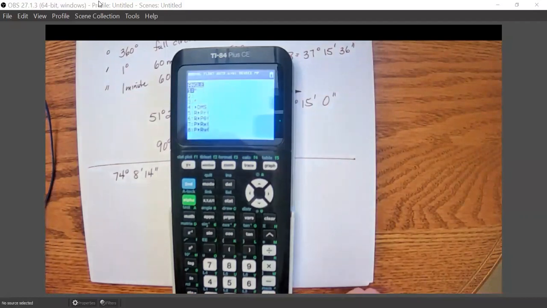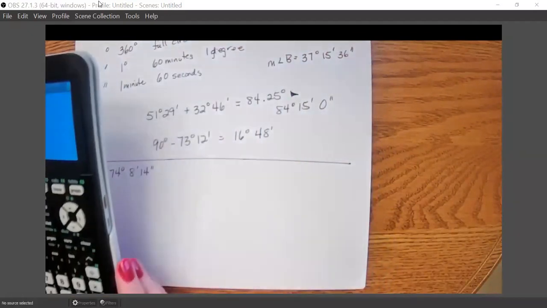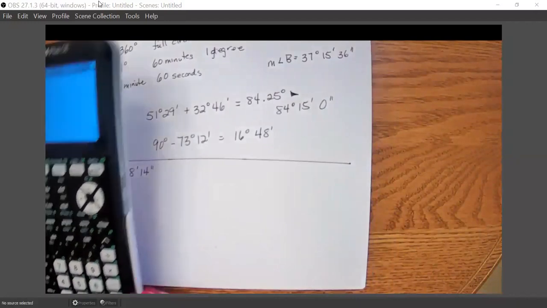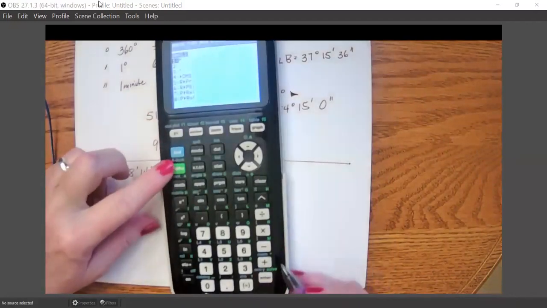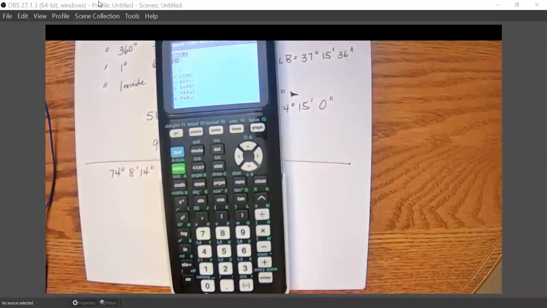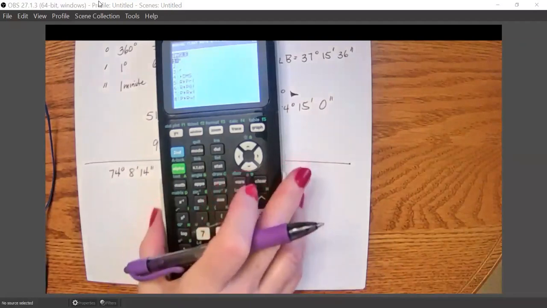That's because we already have the double quotes on our calculator, and that's what's going to stand for seconds. It's on the plus sign here. Alpha plus are the double quotes, which is your seconds symbol.